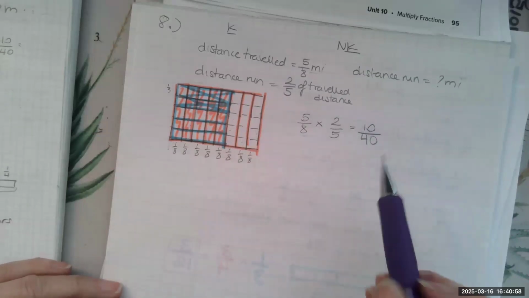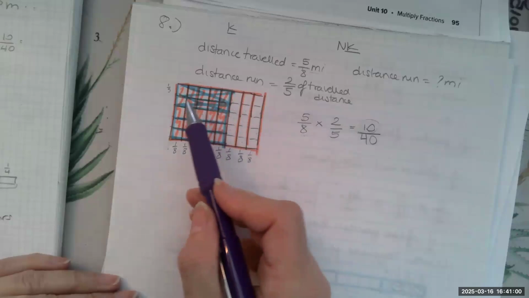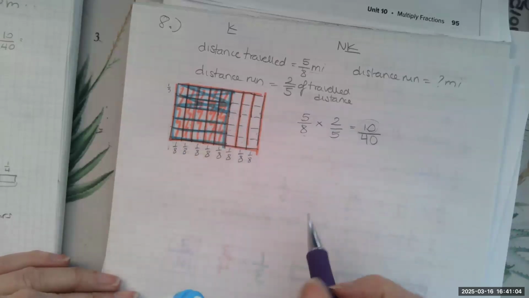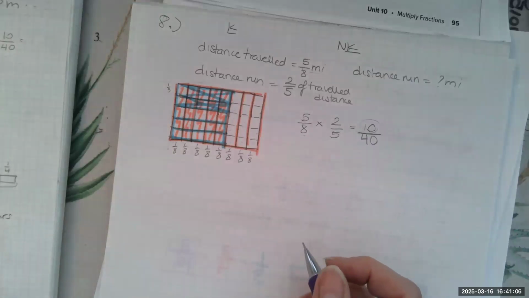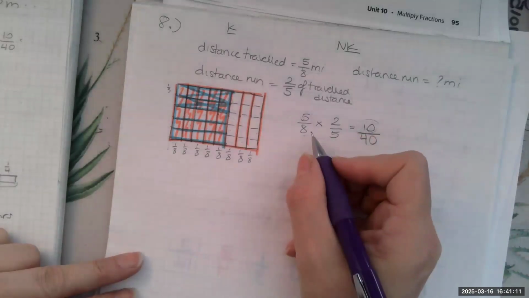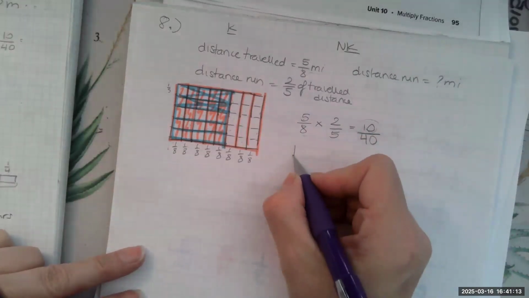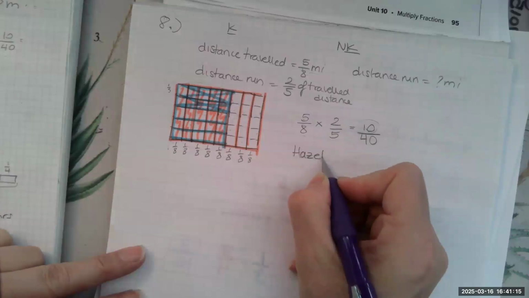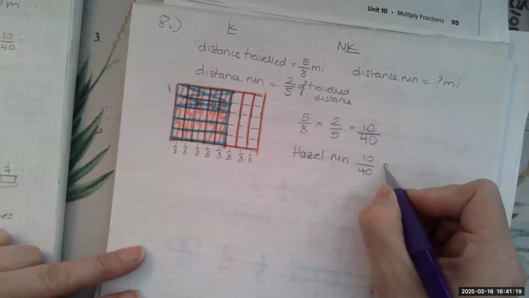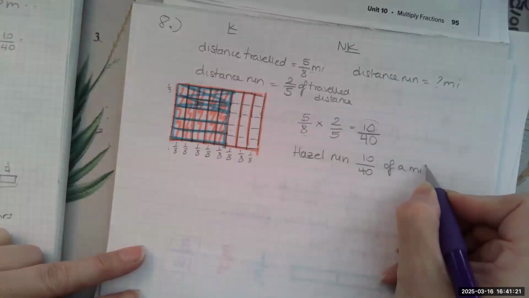Of those 40, 10 are taken. 1, 2, 3, 4, 5, 6, 7, 8, 9, 10. Yes, it works. So Hazel ran 10/40 of a mile.